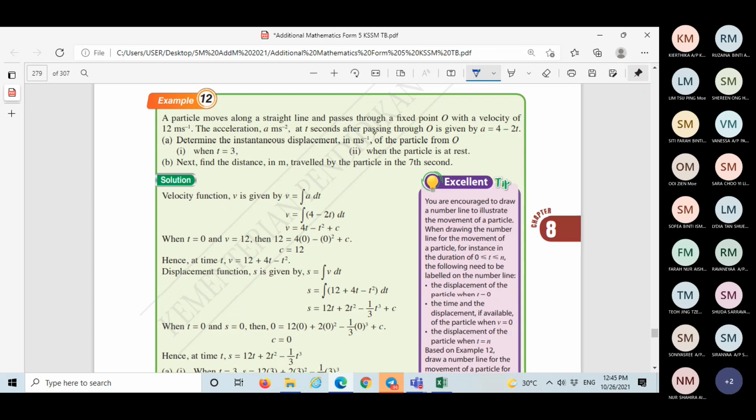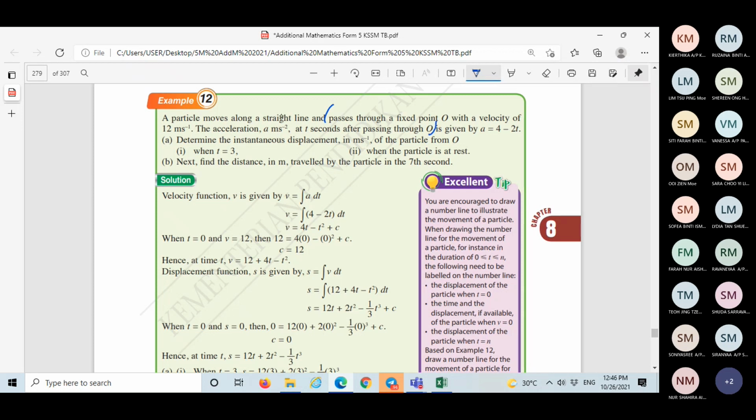At t seconds after passing through point O, t equals 0, s equals 0. And when t equals 0, s equals 0, at that time the v is 12. So this sentence plays a very important role.